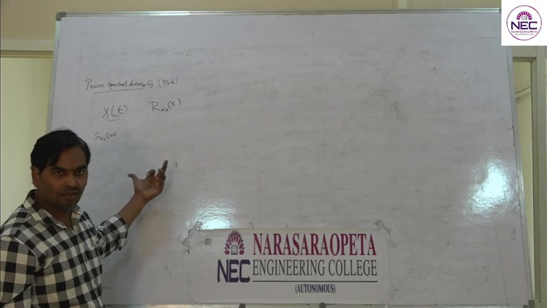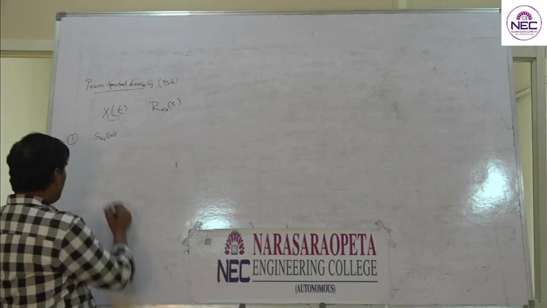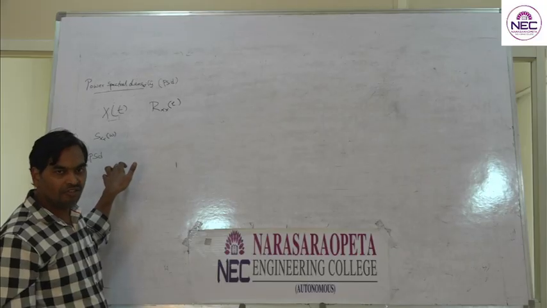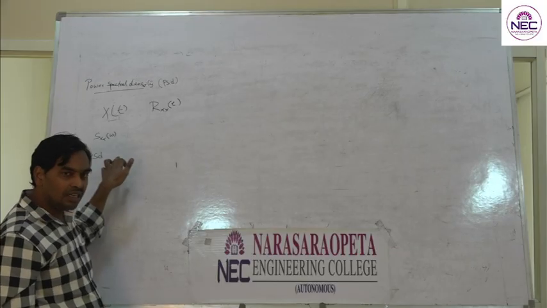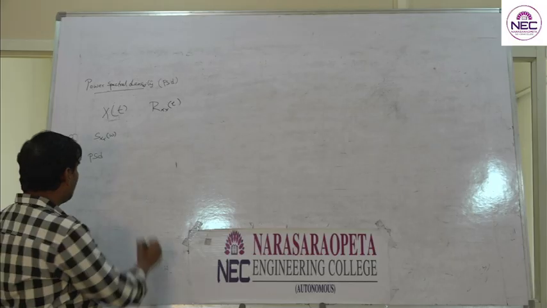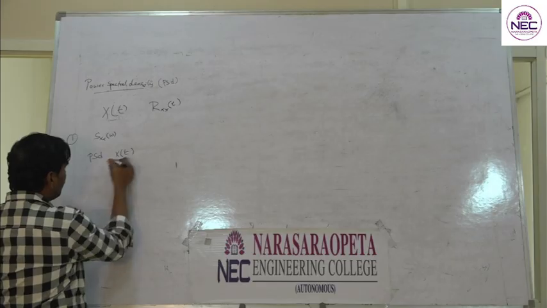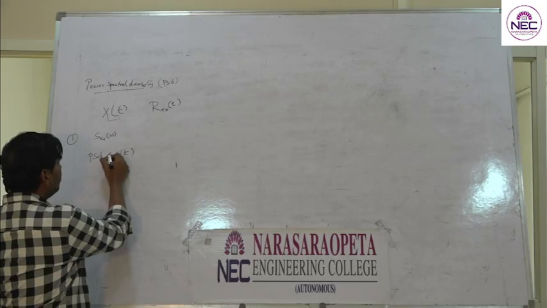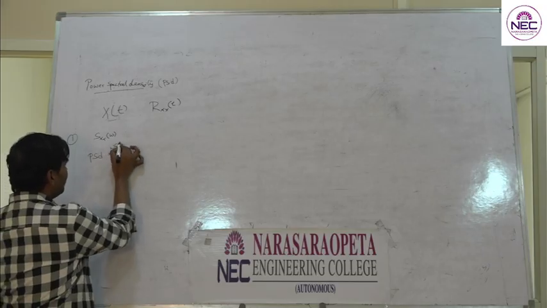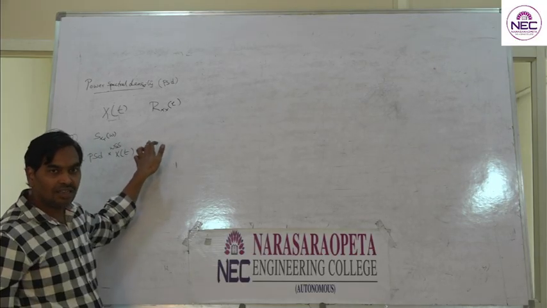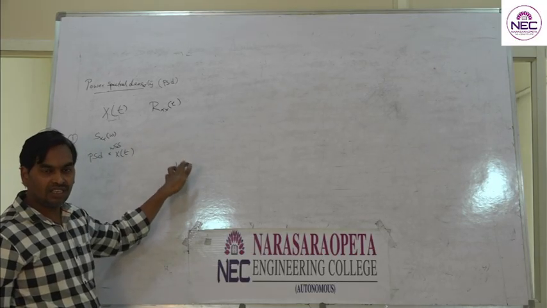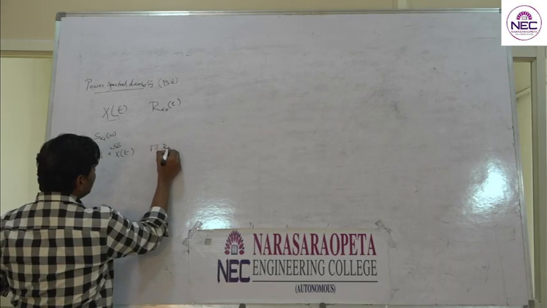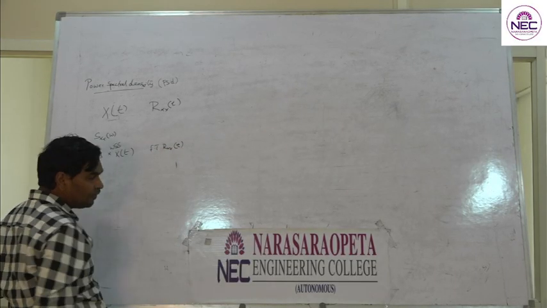Coming to the first definition, the power spectral density PSD of a random process x of t, which should also be wide sense stationary, is defined as the Fourier transform of Rxx of tau, that is the autocorrelation function.